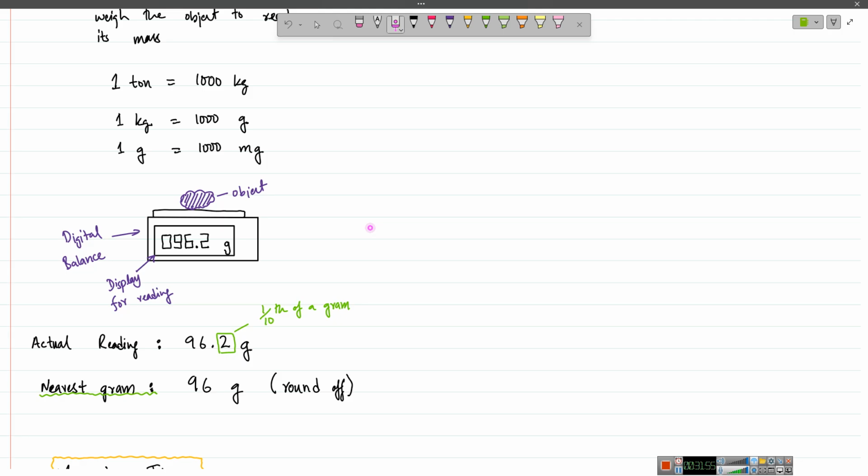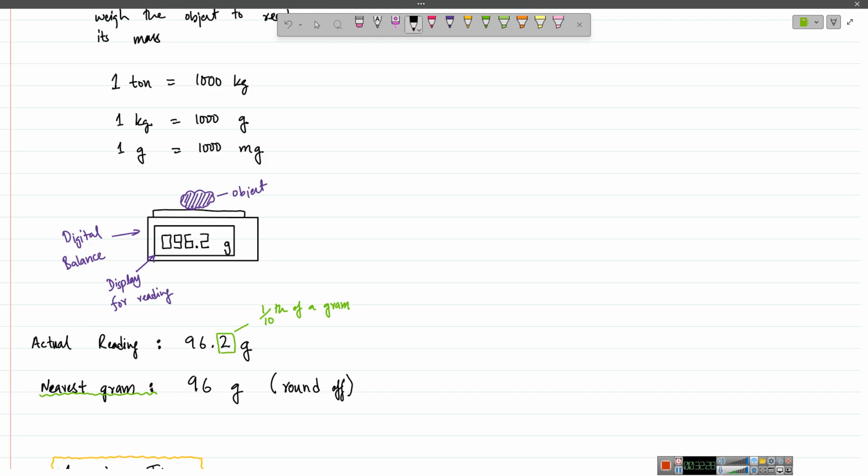Now most of the time they ask you for the nearest gram or nearest kilogram, so make sure you convert or round off your value to the nearest whatever unit they are asking for. Keep in mind, this 0.2 over here is not a gram, it is 1/10 of a gram. It is a decimal place of a gram, so we are not going to note it when we say nearest gram. That's the actual reading including the decimal value, and the nearest gram is going to be 96.